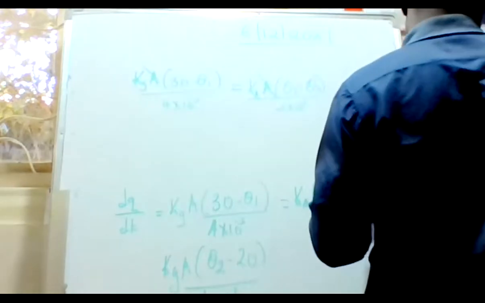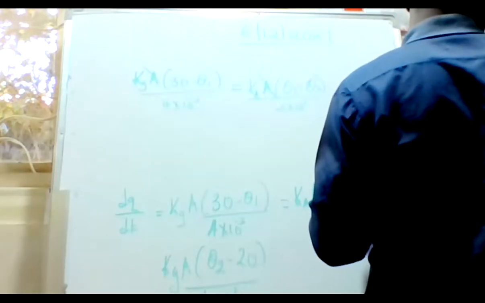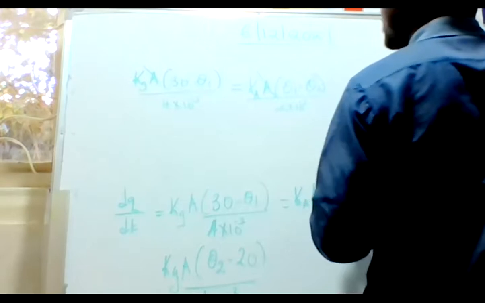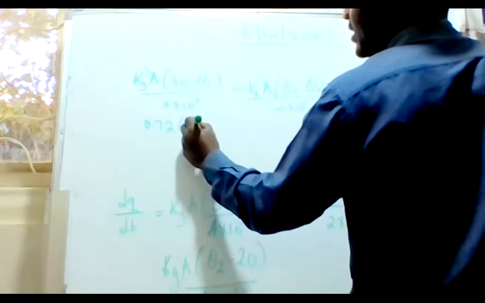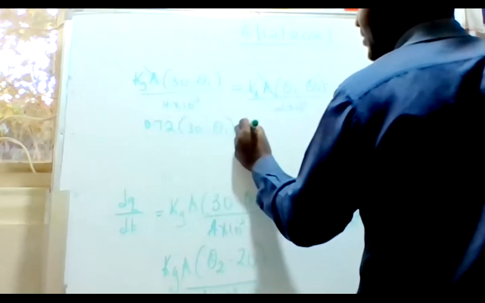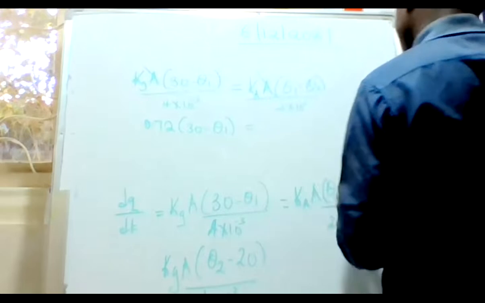Just bring the k of glass and the k of beer. The k of glass is 0.72, so 0.72 into (30 minus theta 1) is equal to the k for beer.